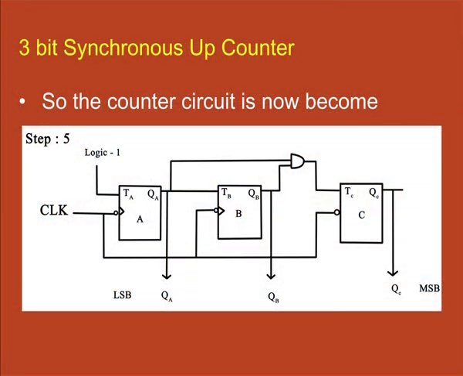After solving the K map, we can now construct the 3-bit synchronous up counter, and the logic circuit looks the way it is shown in this slide, where we have used 3 T flip flops, and the clock is connected to all the 3 clock inputs of the flip flops.